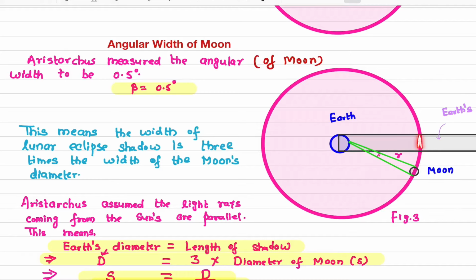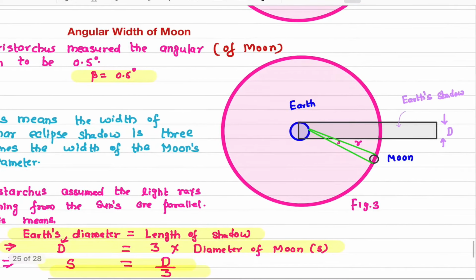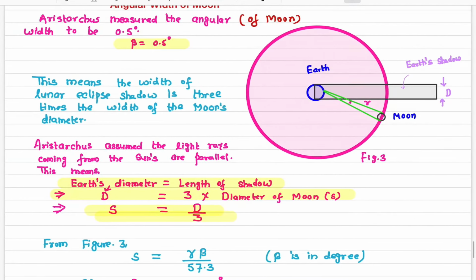The angular width of the shadow is 1.5 degree. What does this mean? That means the shadow is 3 times bigger than the size of the moon. And the shadow is exactly equal to the diameter of the earth, or in other words, the diameter of the earth is 3 times the diameter of the moon. That's very simple and straightforward, but it's a very profound thing.